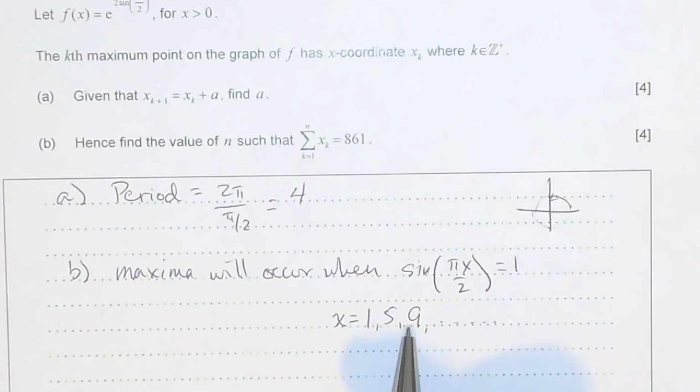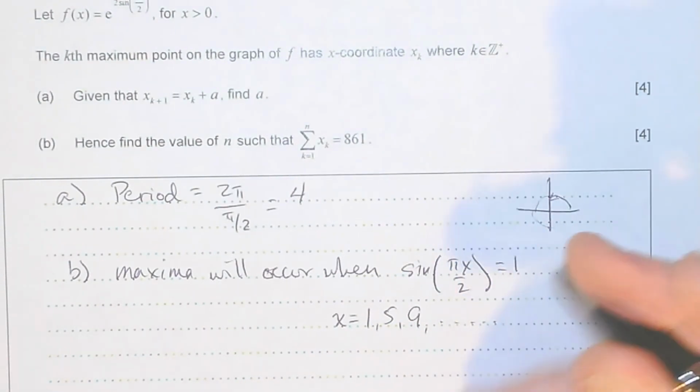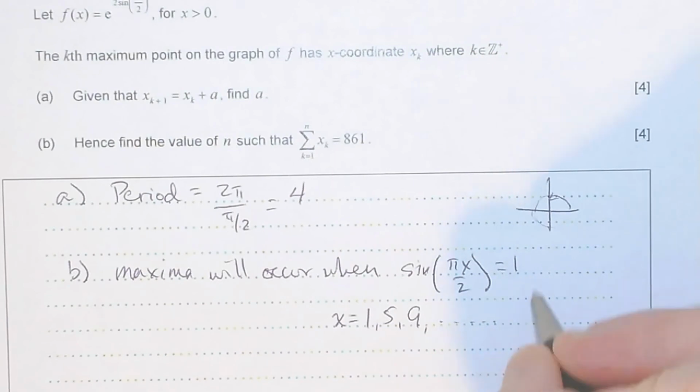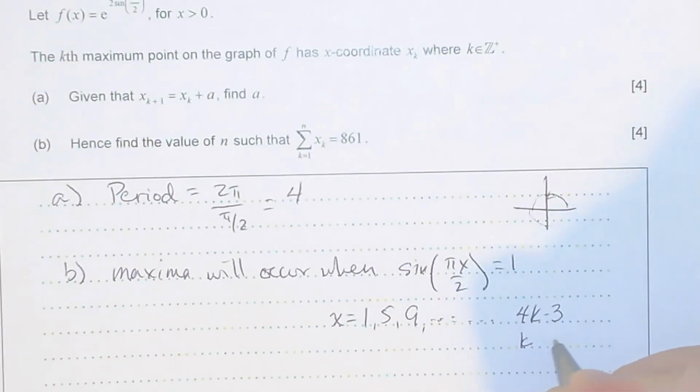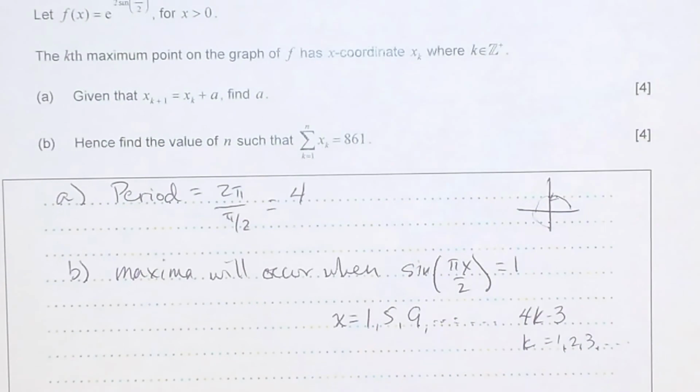I get this pattern if it's just an arithmetic sequence that is equal to, I'll write it as 4k minus 3. Notice if I plug in a 1, I get 1. If I plug in a 2, I get 8 minus 3 is 5. If I plug in a 3, I get 12 minus 3 is 9, and so on. And this is for k equals 1, 2, 3, and so on.